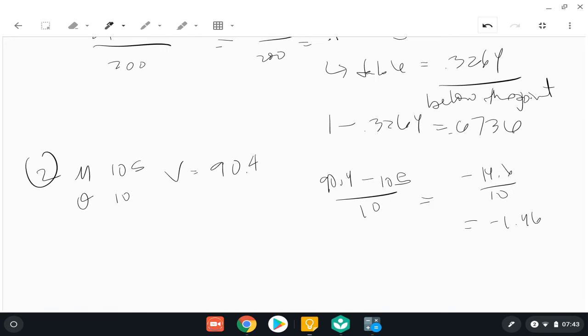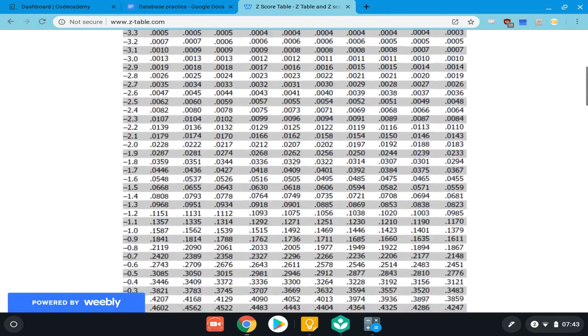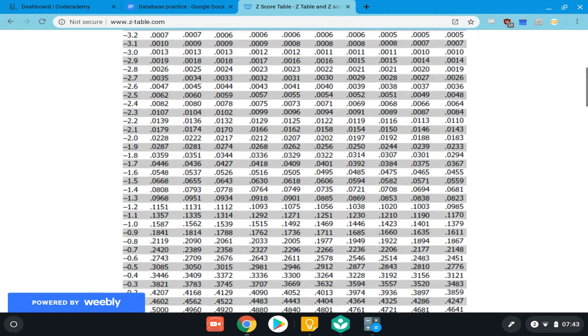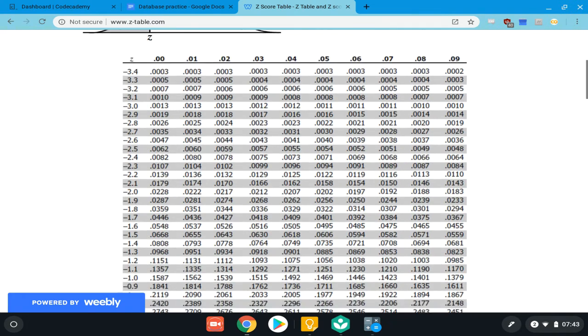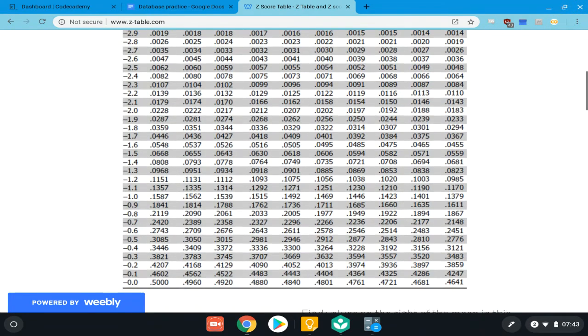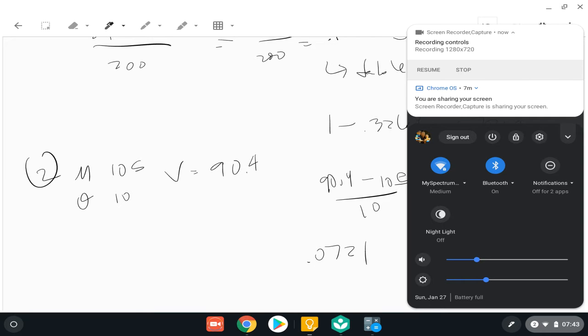Okay, so if I look at the z table, negative 1.46 is over here. Column 6, row 1.4 is 0.0721.